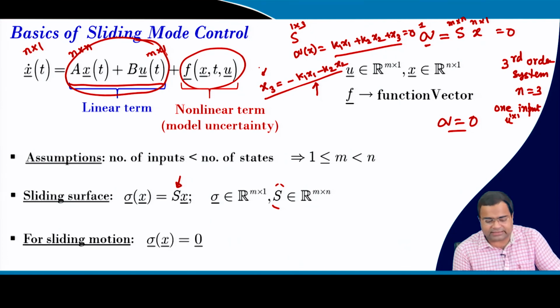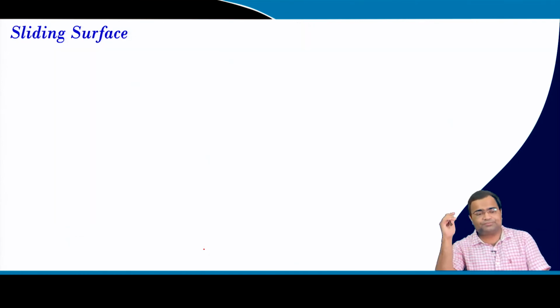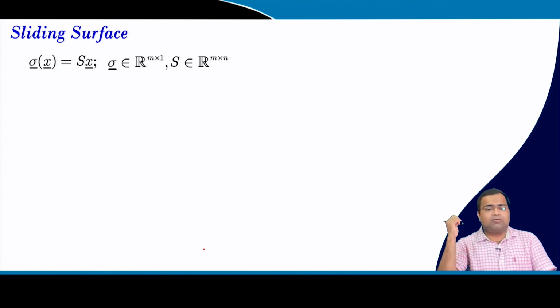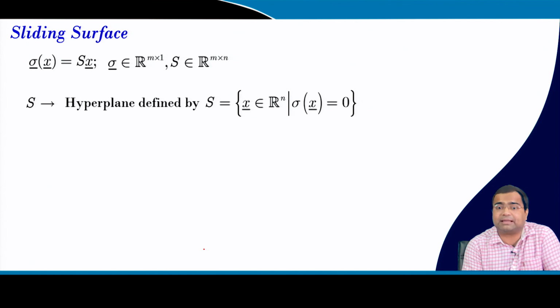So that means we'll talk about this hyperplane concept, but we need to make sure this switching surface should be equal to 0 because we want to constrain the motion on this surface. Now if we talk about the sliding surface, as I said S is a hyperplane.